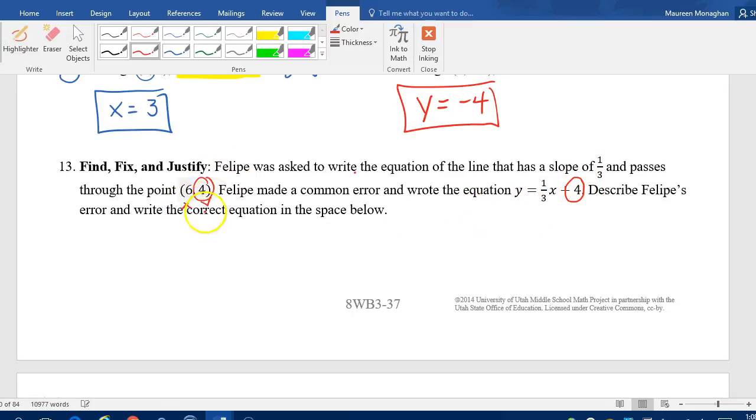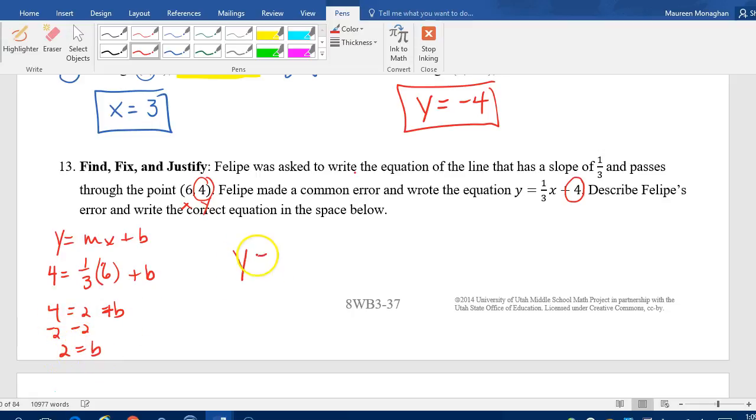This is x and this is y. So we have to go back to this equation, put the y here, put the x here. Not there, that's the slope. X here, the slope is 1/3, and find the y-intercept. So this becomes 2. Oh boy. So 2 equals b. So the correct equation is y equals 1/3 x plus 2.